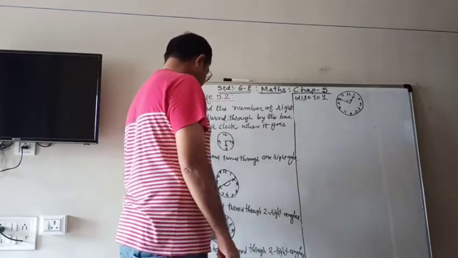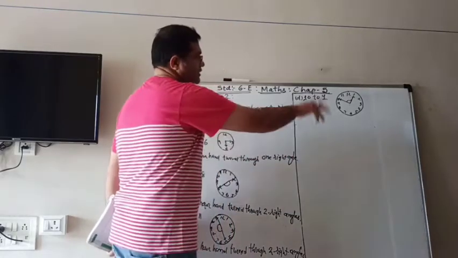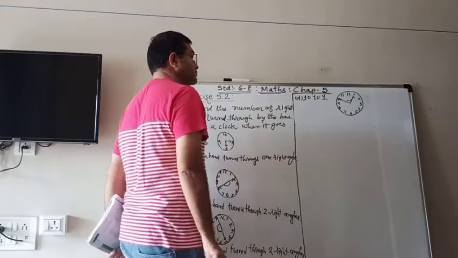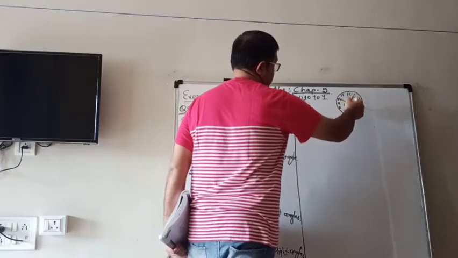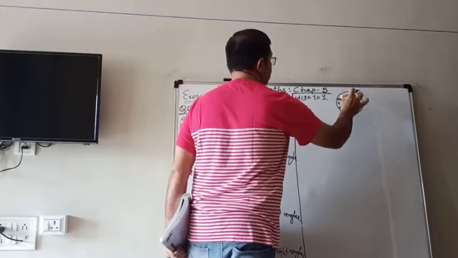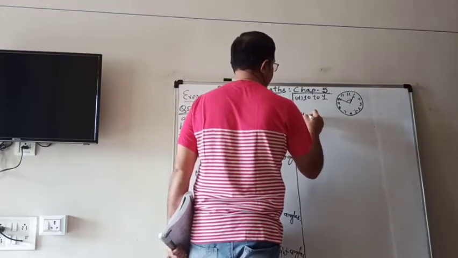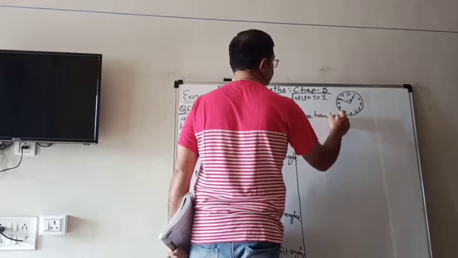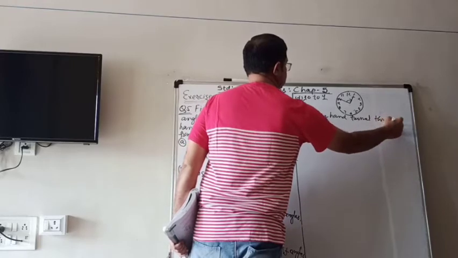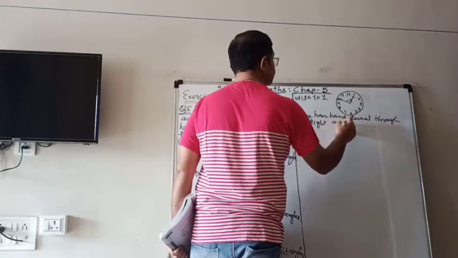Because all are moving clockwise. And we know that a clock always moves clockwise. The hour hand cannot go the other way. If it was anti-clockwise, then you could say it was 3 right angles. But here the hour hand will move only clockwise. Therefore, here the hour hand turned through 1 right angle.